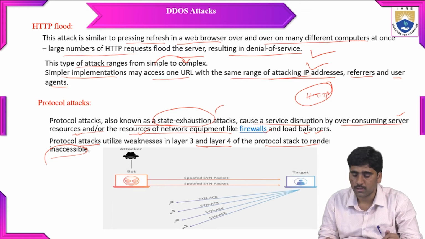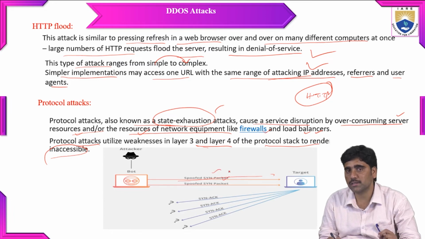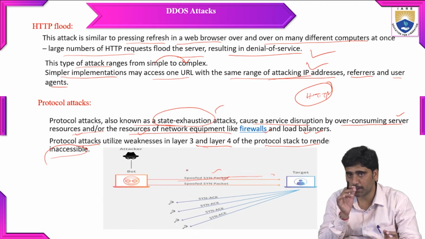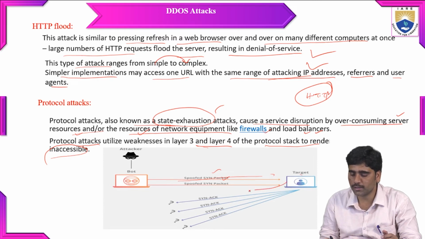That is why we say it is a state exhaustion attack. It causes service disruption. The bot helps you attack the target machine by sending synchronous packets, that is, spoofed packets. The spoofed packets may be domain spoofed packets or IP spoofed packets. Once the packets are targeting the machine, automatically the target gets slow.